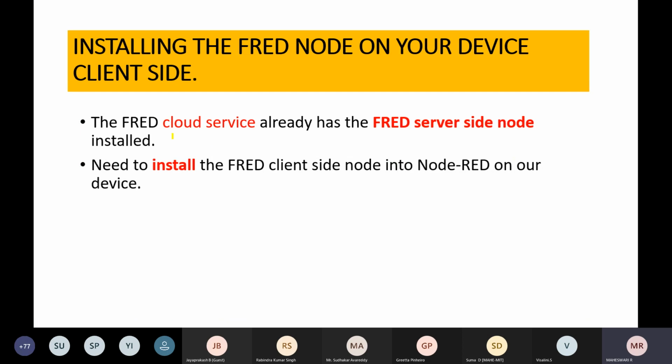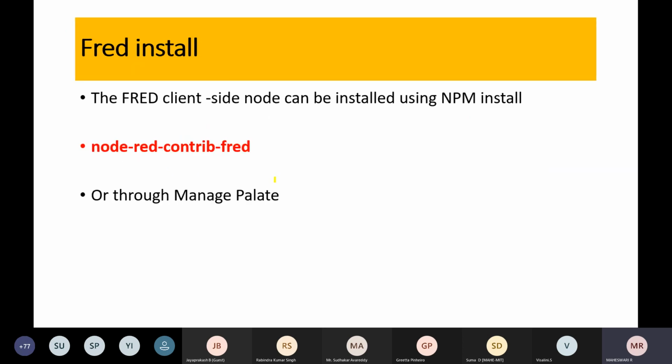Now you can first check whether this is available in your client devices. If not, you're supposed to install it on the client side device. To install it, go to manage palette and type node-red-contrib-frend. That is the syntax to install FRED on the local client machine.